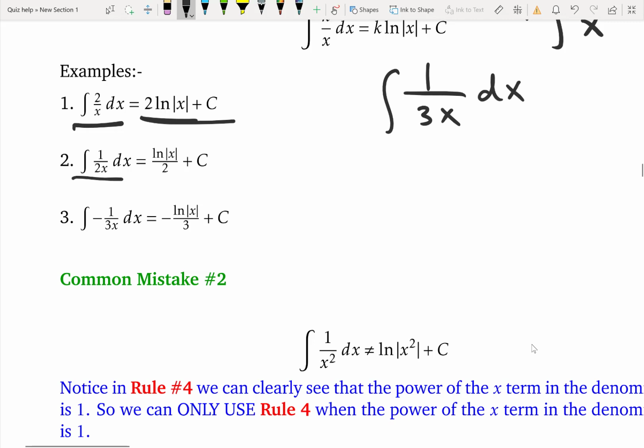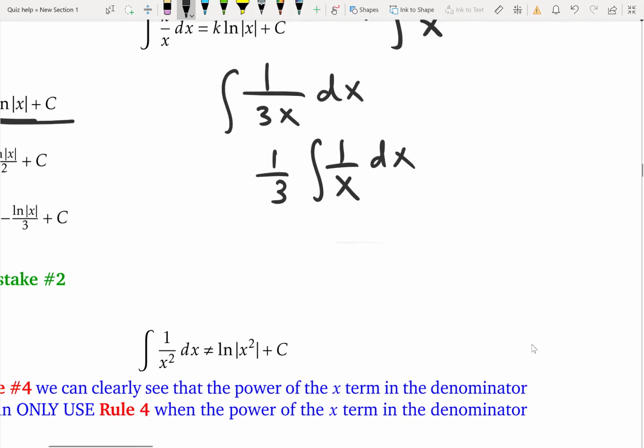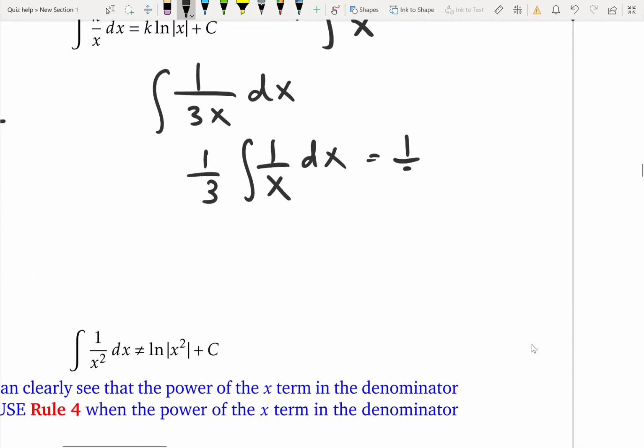Well, we can take that 3 out of the integral because it's multiplied with x. The operation is multiplication, but really we should take 1 over 3 out, right? Because the 3 is in the denominator. So what do you get if you integrate 1 over x? Natural log x. So 1 over 3 natural log absolute value of x plus c.